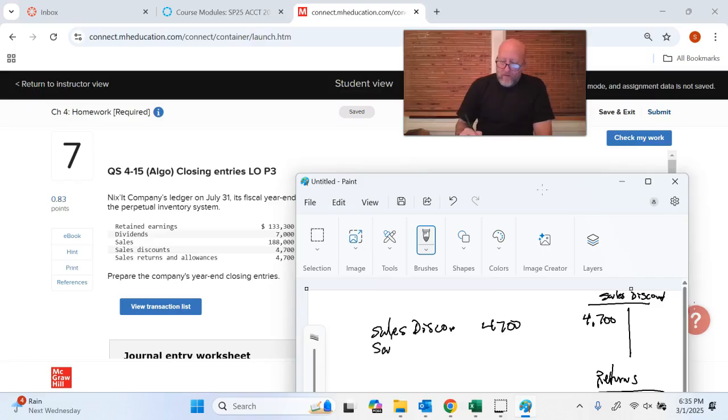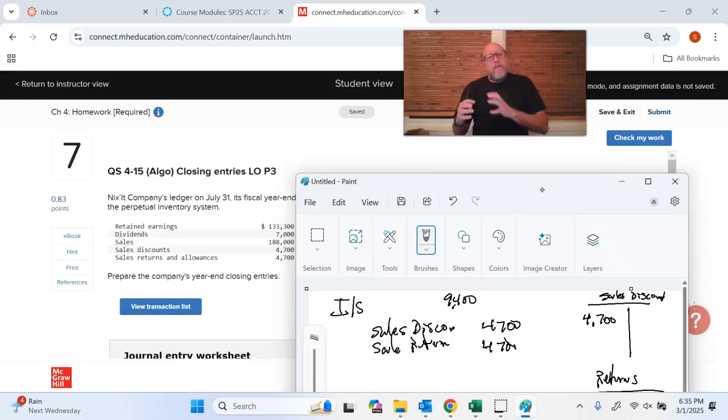Then I would credit sales returns 4,700. And then I would debit income summary. And what is that? That is 9,400, right? And again, that is just an example of the sales discounts and sales returns.